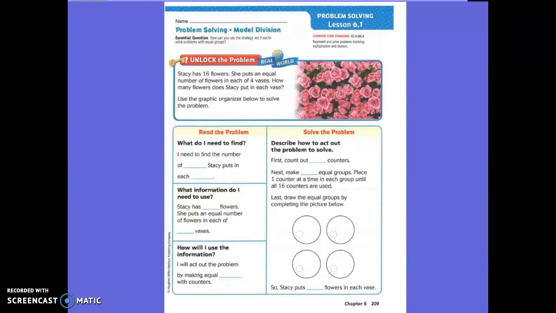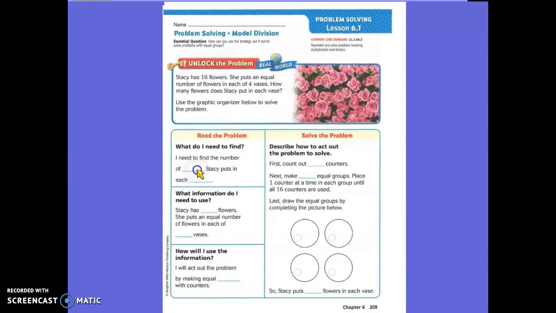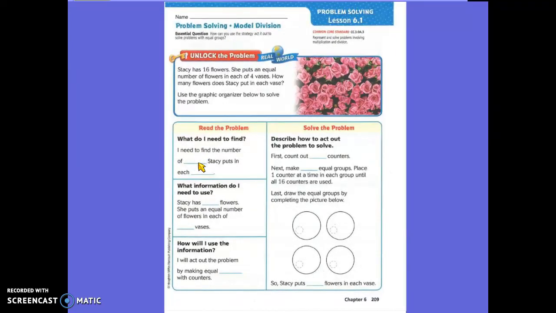I need to find the number of flowers Stacy puts in each vase. Okay, so the first blank is flowers. Write it down. The second blank: she puts in each vase.